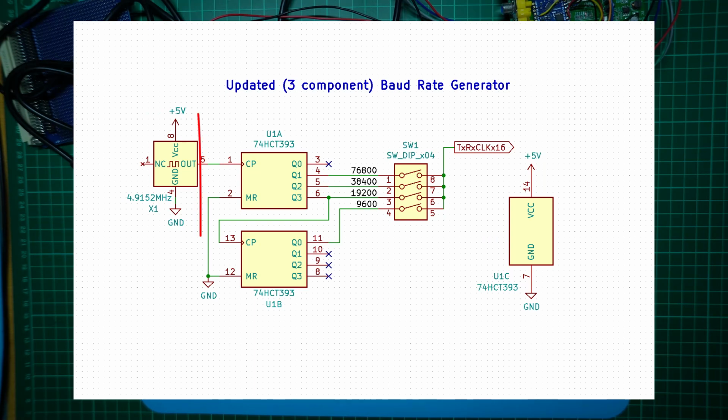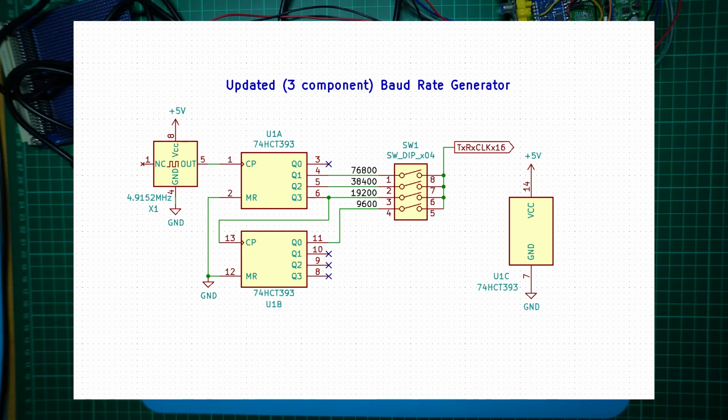Then, in place of the original 16-pin CMOS 4040 ripple counter, I'm instead using a 74HCT393 dual 4-bit ripple counter, which also comes in a smaller 14-pin package. Finally, I use a smaller 4-way dual inline switch for selecting 3 of the common faster baud rates of the period, being 9600, 19200 and 38400 baud.